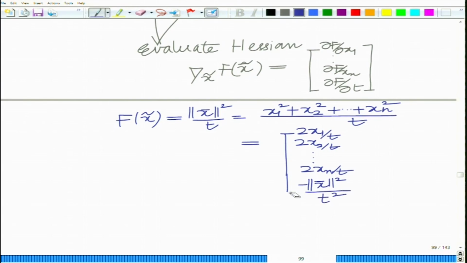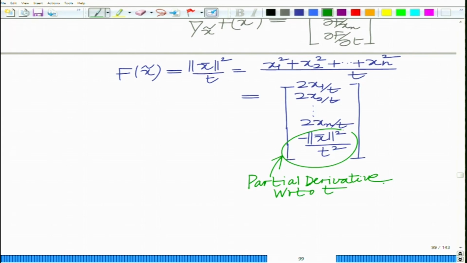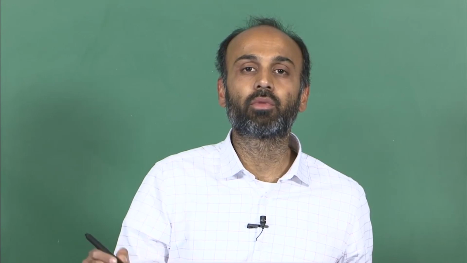So, the partial derivative with respect to t is minus norm x bar square divided by t square. Now this is the gradient, and we have to compute the Hessian.